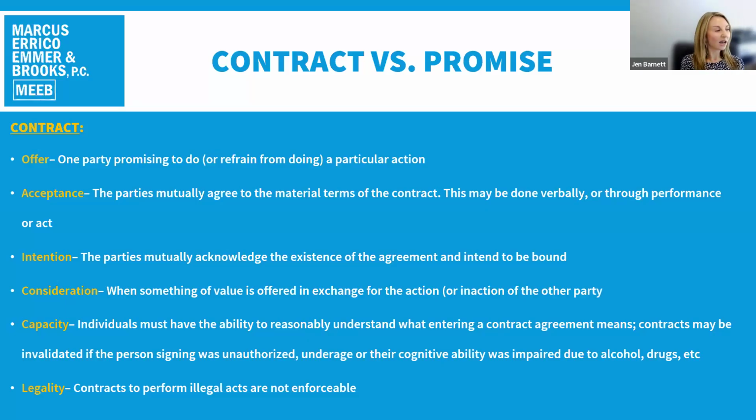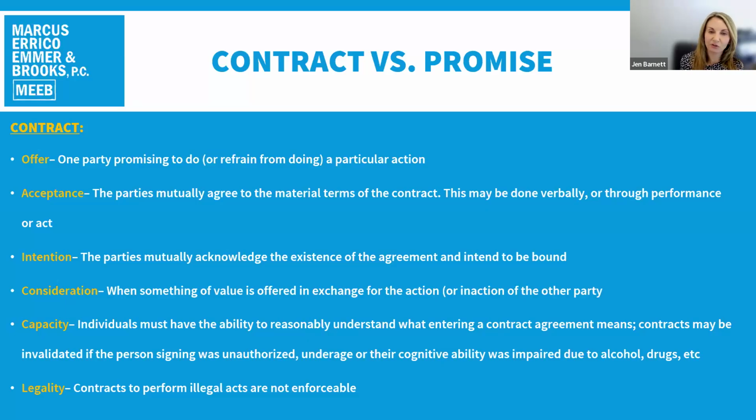The intention: if parties don't agree necessarily to be bound to that agreement, that may not form a contract. For instance, if you say, hey, I'll get you next time, it's not as intentional as a specific offer with consideration coming back. The capacity: individuals must have the capacity to act.